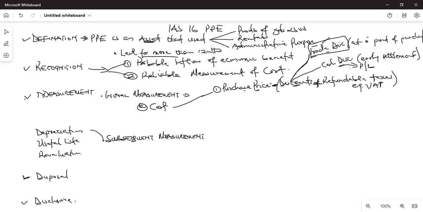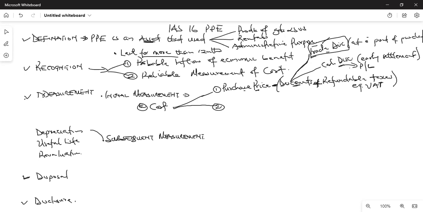Because if you add it to the cost to claim capital allowance and at the same time go and collect the input output, you receive it back, you are cheating. You have added to the cost of the asset money that you collected back. So that is in the eyes of tax, but here is corporate reporting.